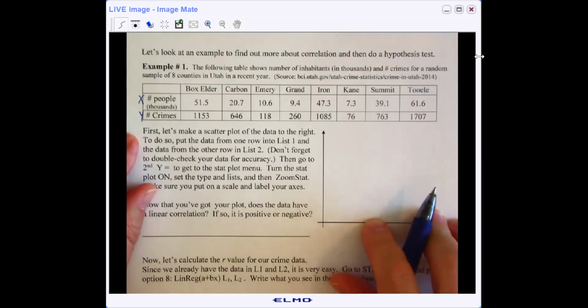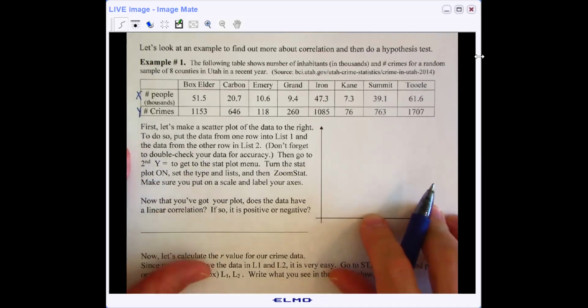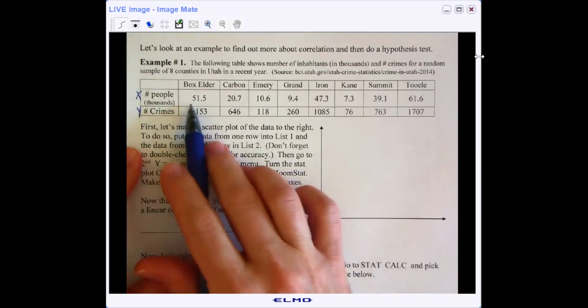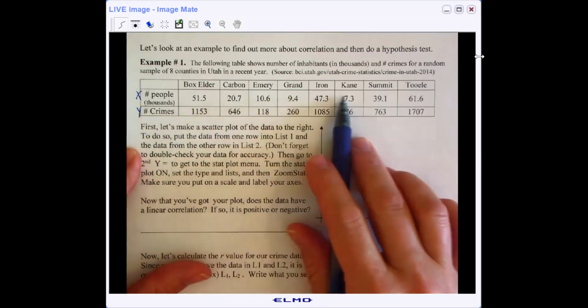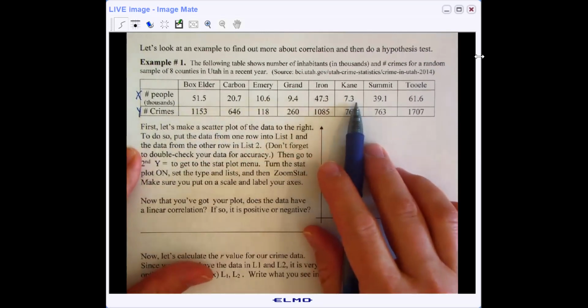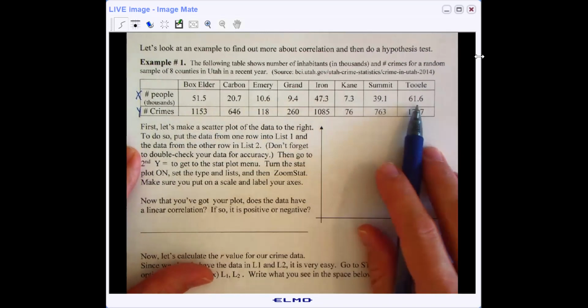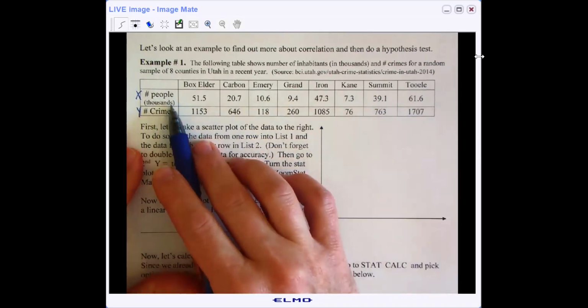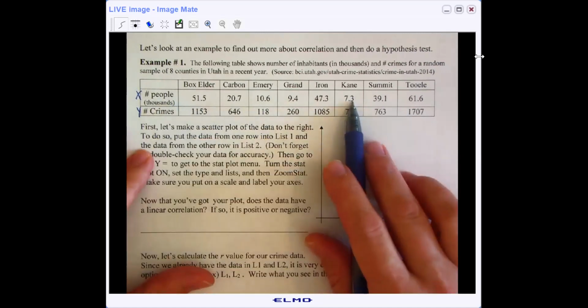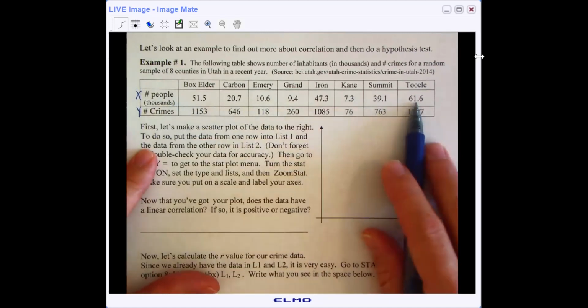And I'm going to slide this up so we have a little bit more room here. On the x-axis, we notice that our smallest value is 7.3 and our largest value is 61.6. And notice that these are the number of people measured in thousands. So this is close enough to 0 that we could start at 0, and we might go up to 70 by tens.